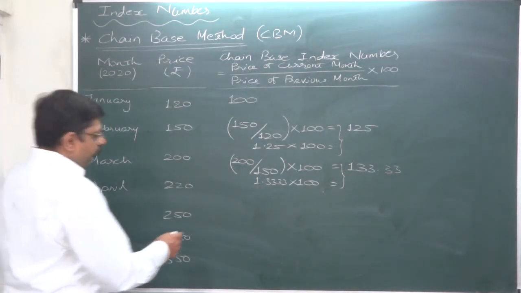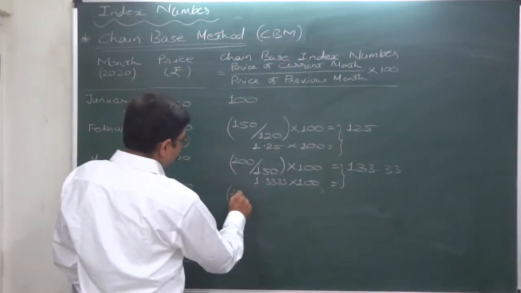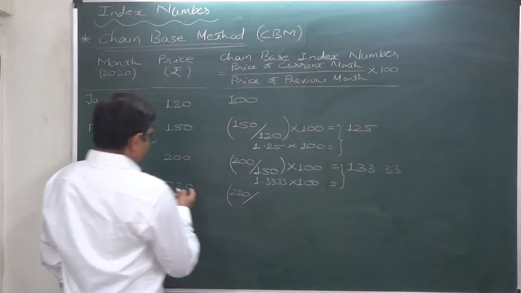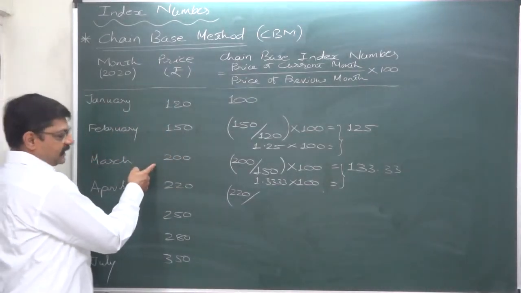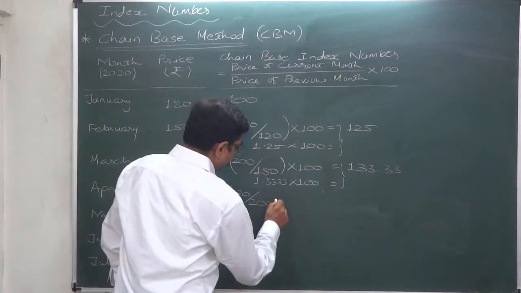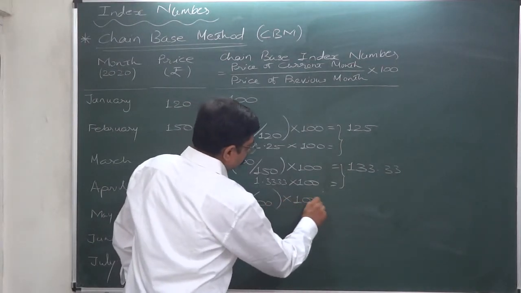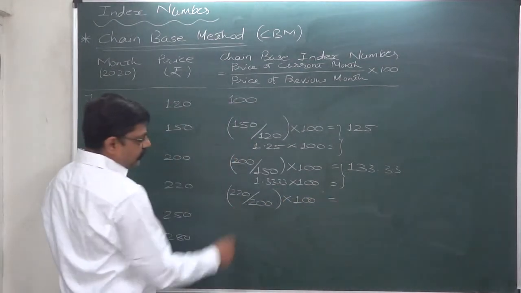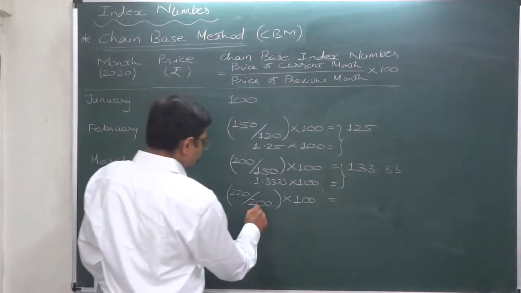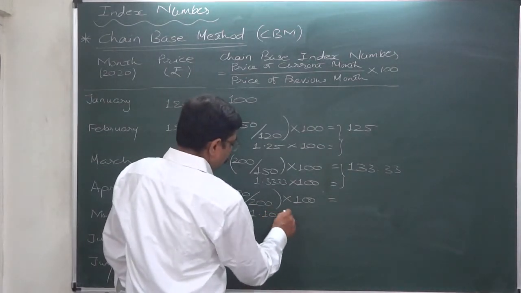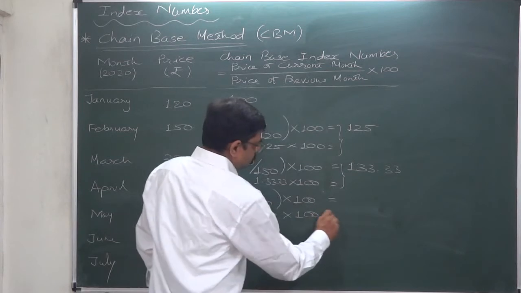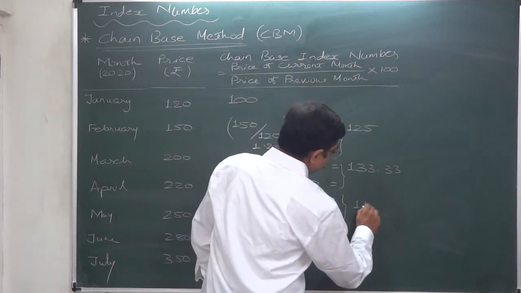Now in case of April, the price is 220, the base month is now March, 200, so 220 divided by 200 gives us the ratio 1.1. So ultimately the index number comes to 110.